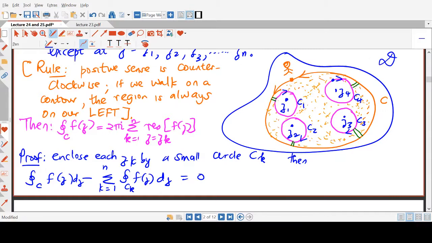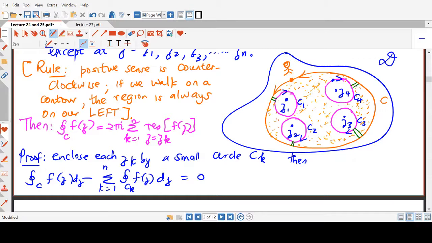Singularities are surrounded and removed. So Cauchy goes in here and tells me, if there's no singularity, the integral is 0. The contour integral in a totally holomorphic region, or totally analytic region, is 0. So that's what I'm using here.